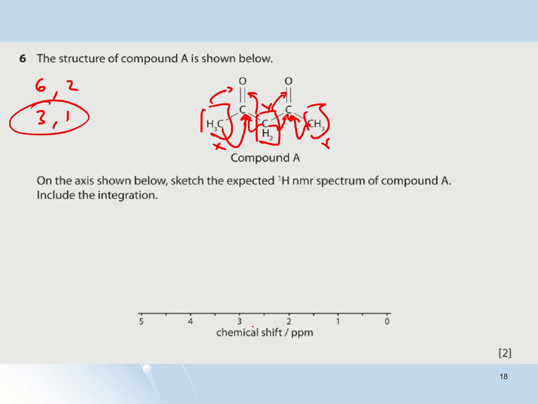So we're going to have 2 singlets. The CH2 one is going to be down here, and our CH3 one is going to be there. Both singlets. I'm going to draw a peak integration on that at 1 and a peak integration on that as 3.